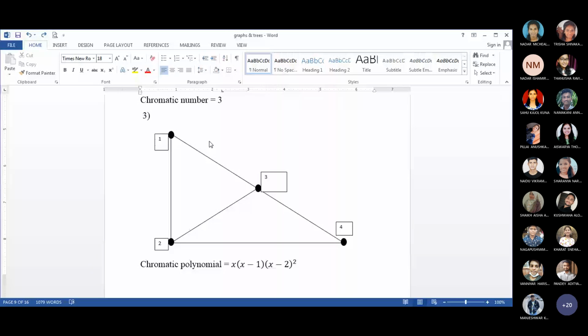And now when I come to vertex 2, I will get x minus 2 possibilities. So in this case the chromatic number will remain the same but my chromatic polynomial will change, and that will be x minus 1 the whole square into x minus 2. Again I repeat, sometimes the chromatic polynomial depends on the order in which the vertex is selected.